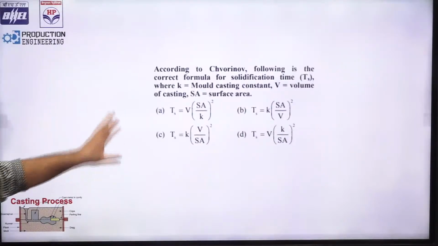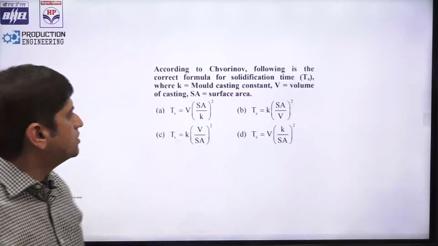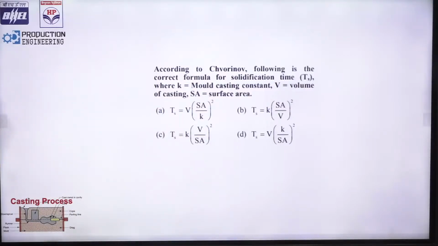Okay, so all of you know this formula. Chvorinov, a tongue twisting name, this formula. So you know this, what is the value of this formula? Solidification time is volume over surface area squared, times some kind of mold constant.